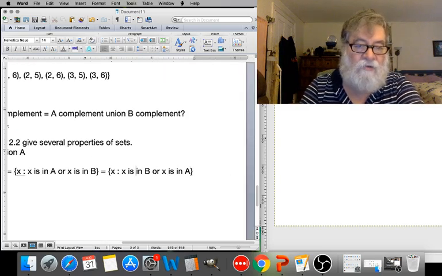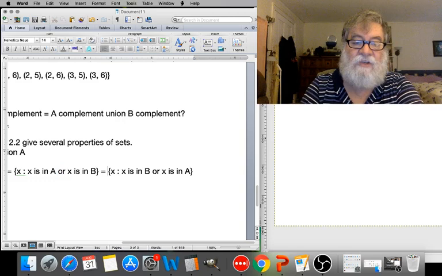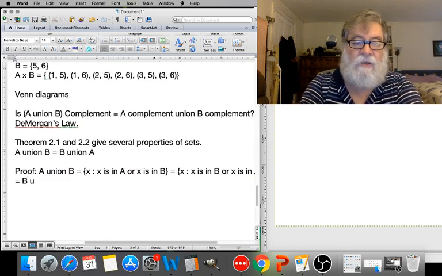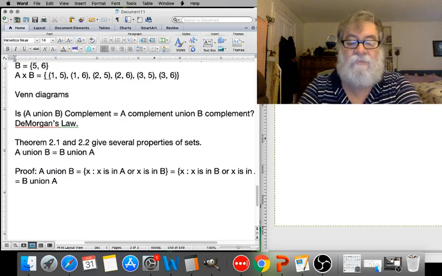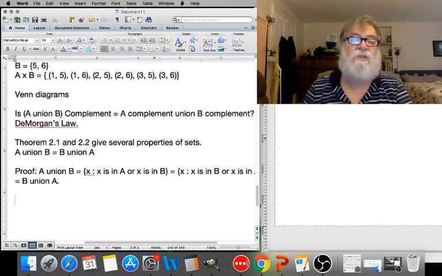Because OR is commutative. And we know that from our section on logic. And that is equal to B union A by definition of union again. So that one we can just prove by definitions.